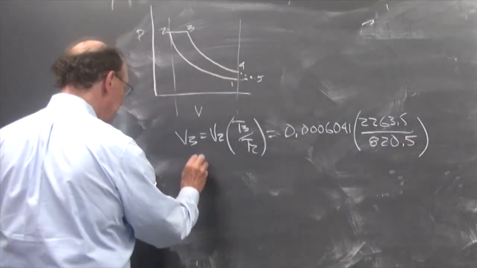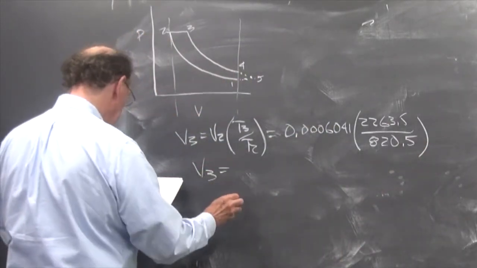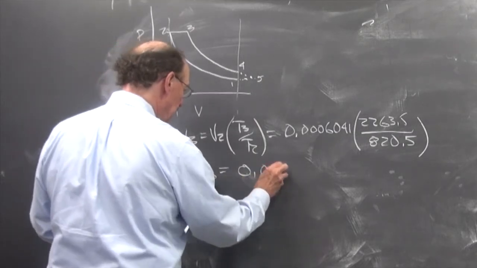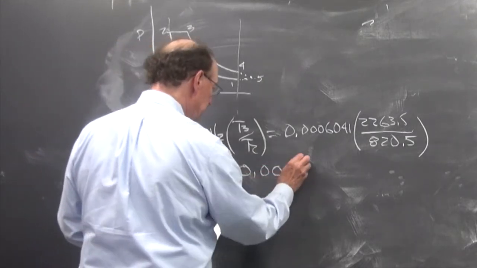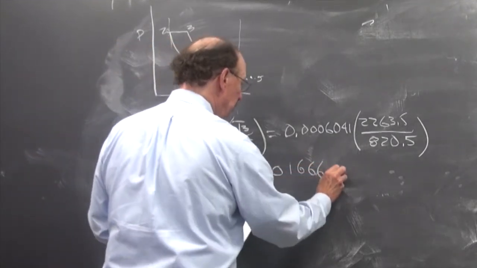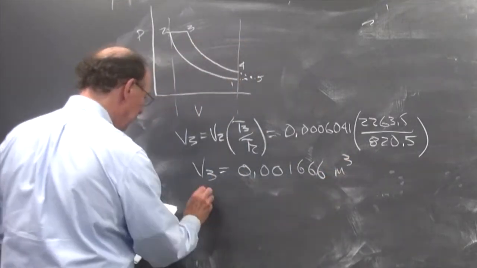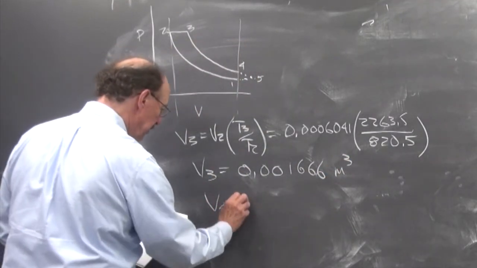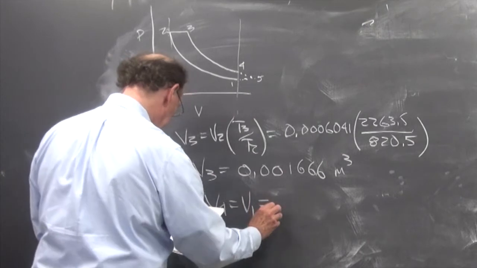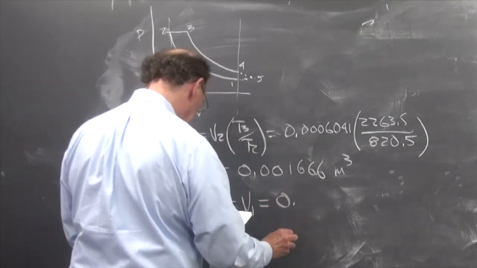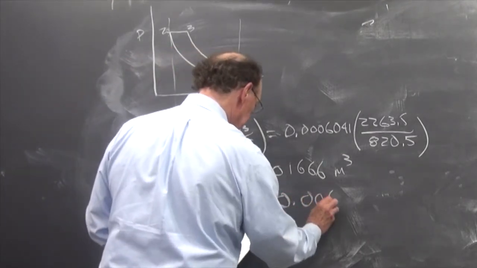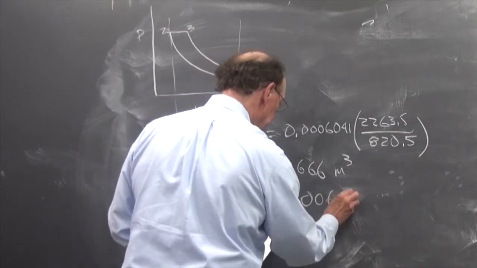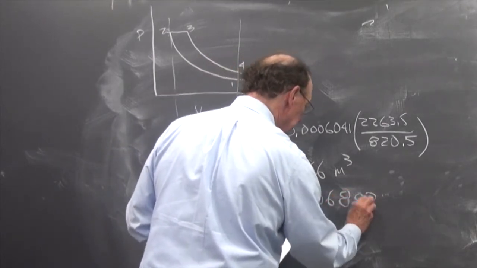And I have V3 is 0.201666 cubic meters, and V4 is equal to V1, and I know that's equal to 0.006887 cubic meters.